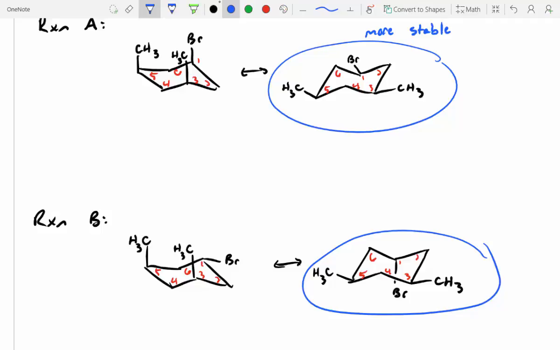Let's do a chair flip and see what happens. In the chair flip, can you guys see the bromine now? Does it have any anticoplanar beta protons?